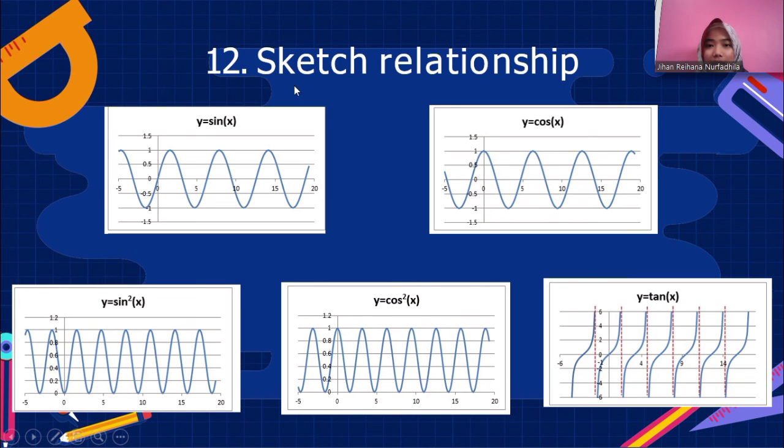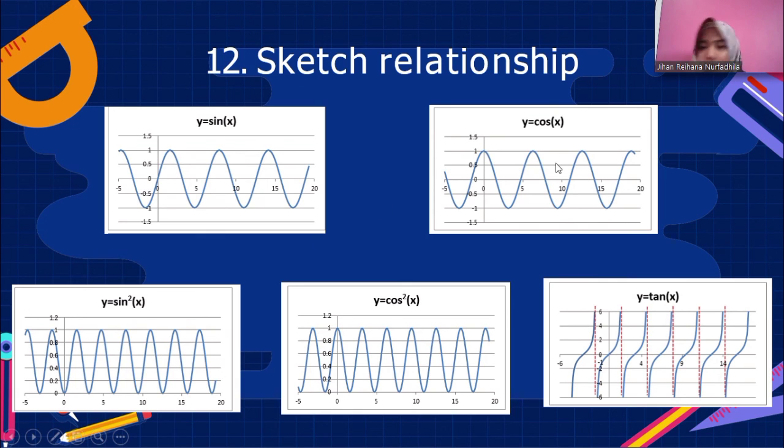And here for the graph for sine, the point usually starts from 0 and goes up to 1, goes down to 0, and goes down again to minus 1, and so on.